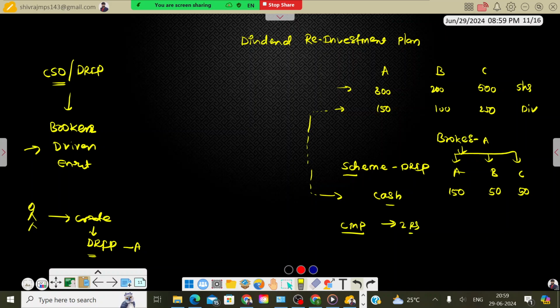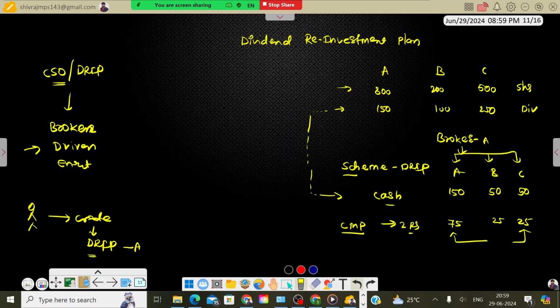So here the broker will buy shares from the open market. Under this account, the broker will buy 50 shares, then 25 shares and 25 shares. So in total, 125 shares the broker will buy from the open market, guys.